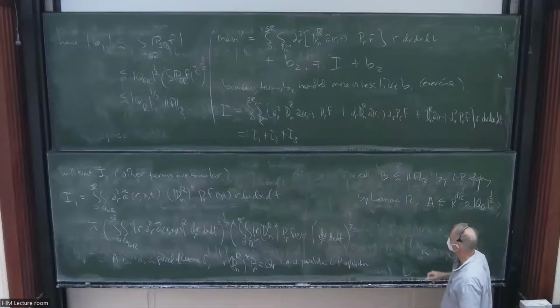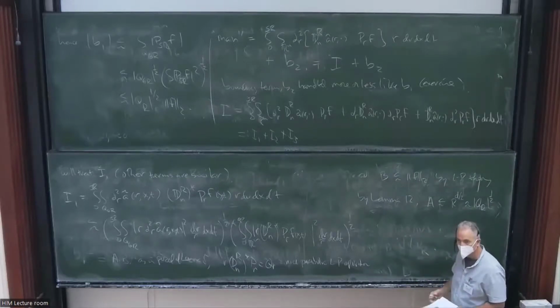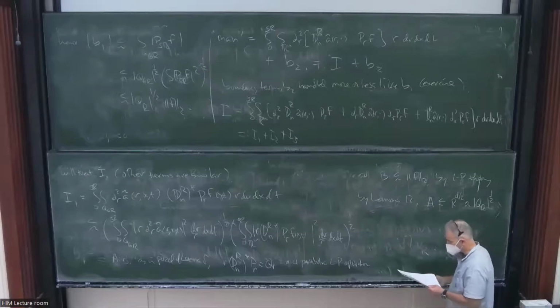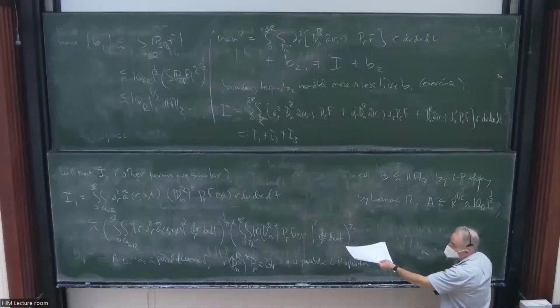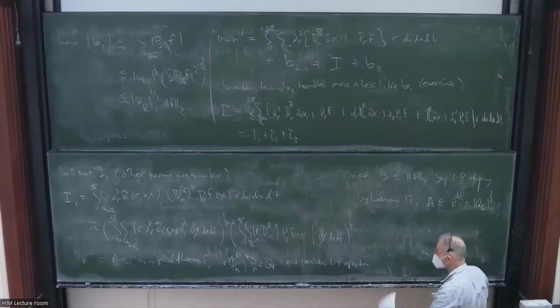And that product is exactly the bound that we wanted. All right, so this is what we wanted. And the other terms, as I say, terms I2 and I3, are handled similarly.